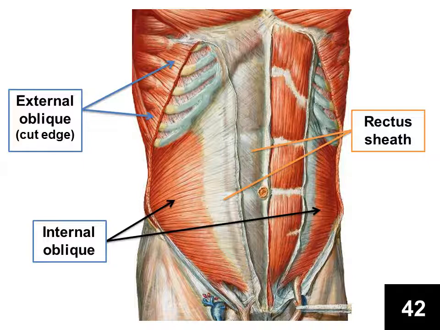The greater part of the muscle gives rise to an aponeurosis, a broad one above, and below it is narrow. This aponeurosis in its upper three-quarters, and this is important, is split to enclose the rectus abdominis.